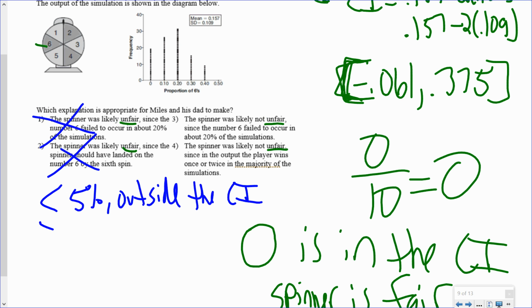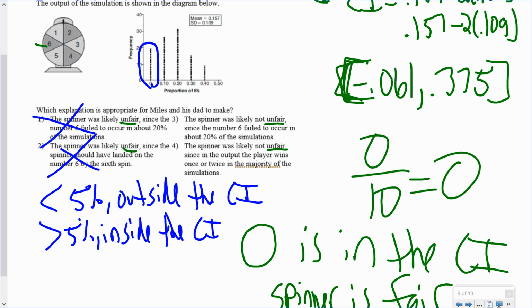If it happens more than 5%, then it's inside the confidence interval. So 0 occurred 20 times out of 100, which is 0.2 or 20%. Because that's more than 5%, it's inside the confidence interval. So choice 3 is your answer.